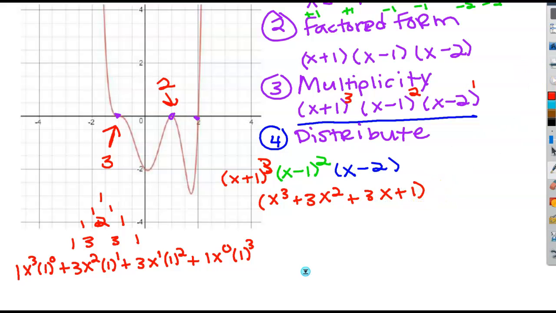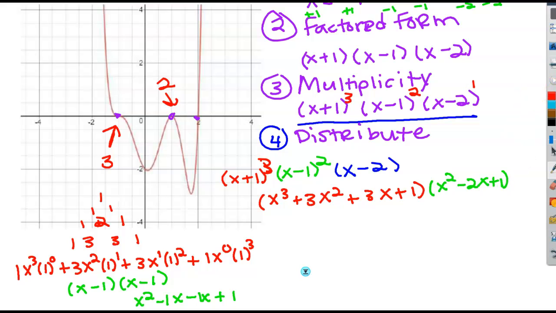Now I'm going to go ahead and expand the x minus 1 squared. I'm going to just distribute that. If you want to use binomial expansion, you can, but it really doesn't take too long to do this. And then plus 1. So in green, I'm going to have x squared minus 2x plus 1.